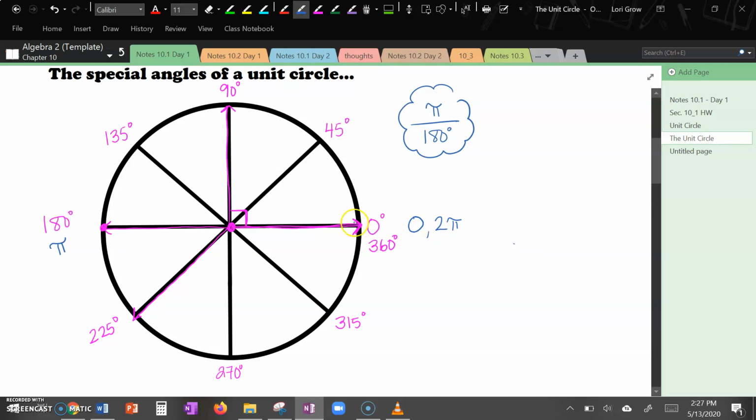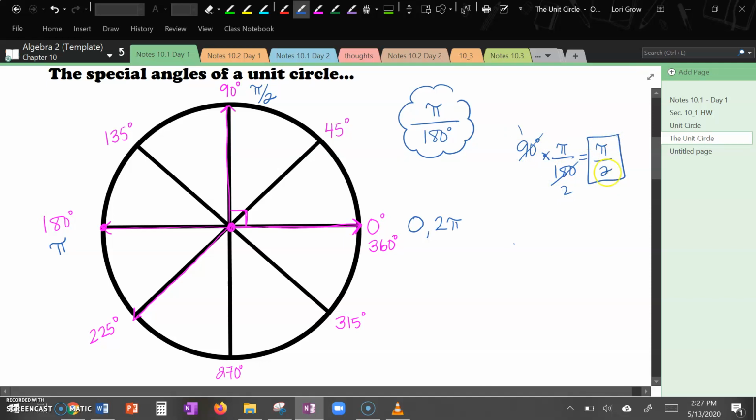Now, if just halfway around the circle is pi, and I want to cut that in half up here at 90 degrees, this would be pi over 2 radians. Now keep in mind, anytime that you're confused on how many radians it is, if you know the degree measure, you can always just do the conversion, right? 90 degrees, you multiply that by pi over 180, which is your conversion factor, and you get pi over 2.